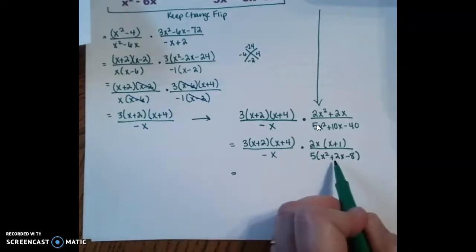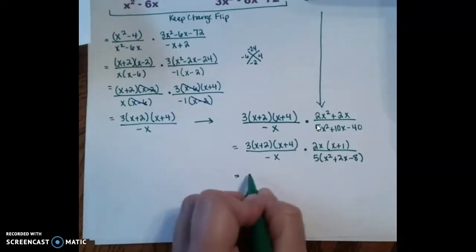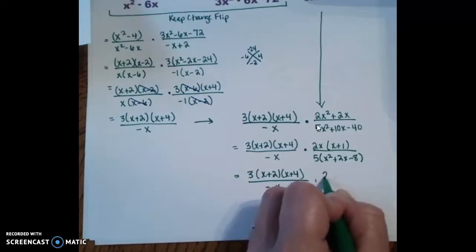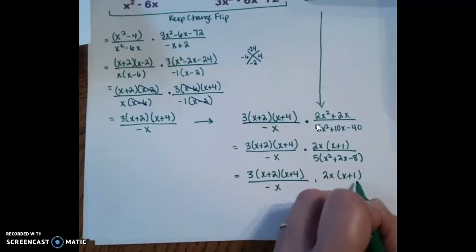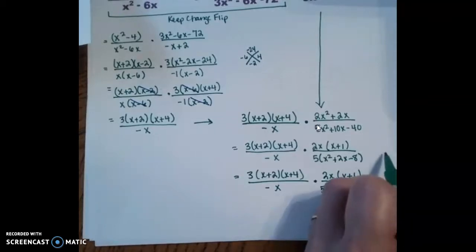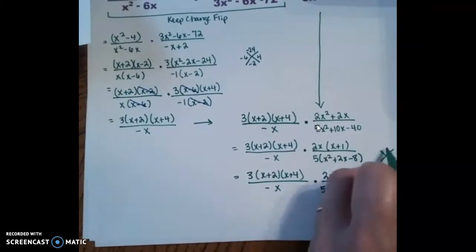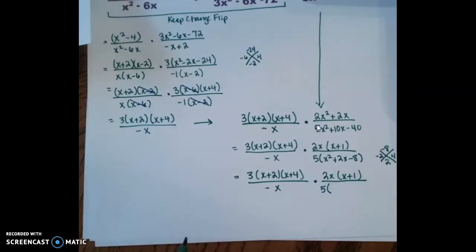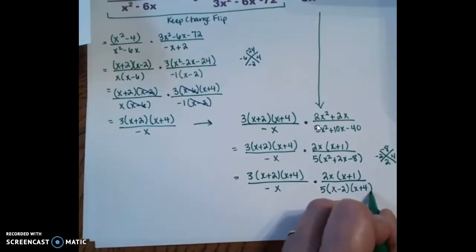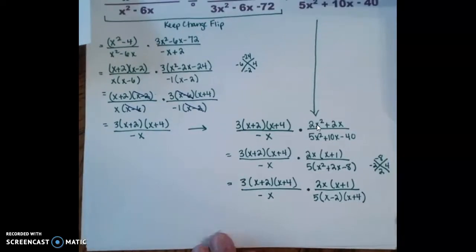So then one more time, because I can do AC with this. So everything's the same except for that last denominator. And then 1 times negative 8 is negative 8. We need factors to give us 2. So that would be negative 2, positive 4. So x minus 2, x plus 4 is factored form.